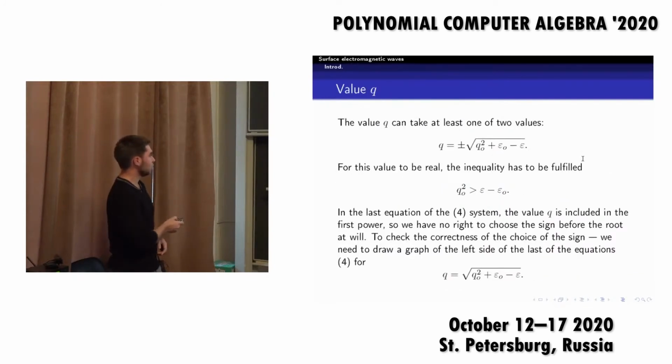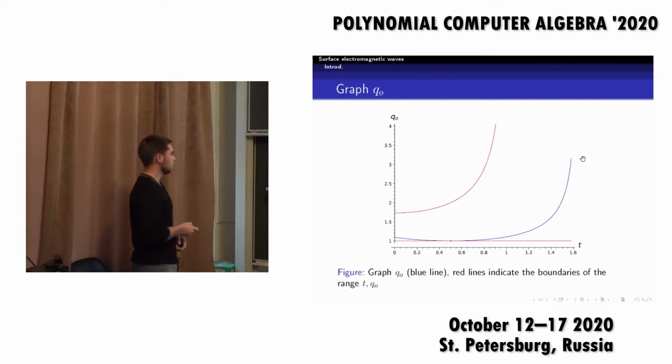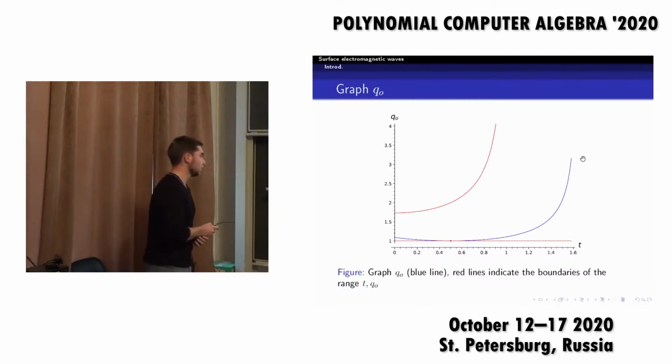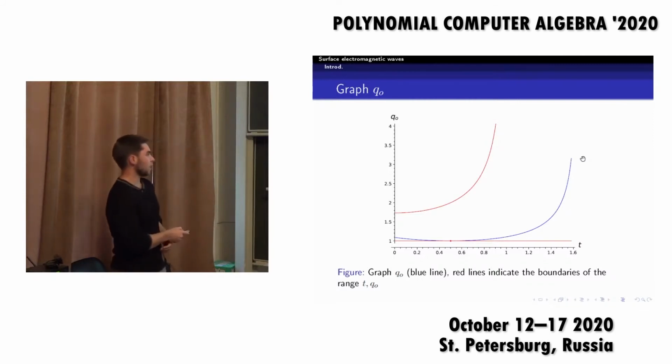This Q, we can see, changes its sign in this place, where there is a contact point, and this is the boundary of t.